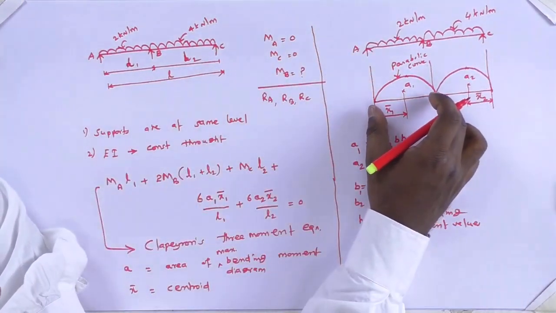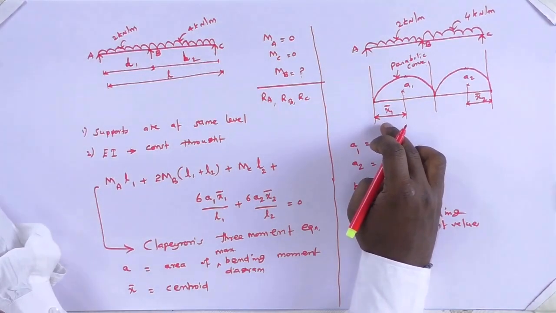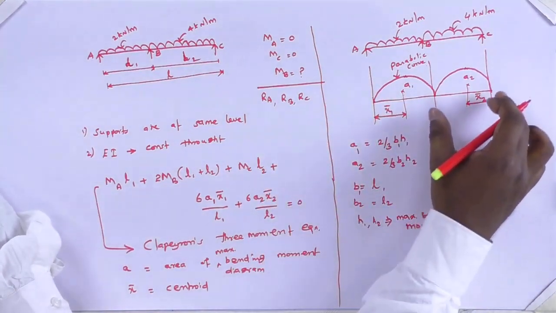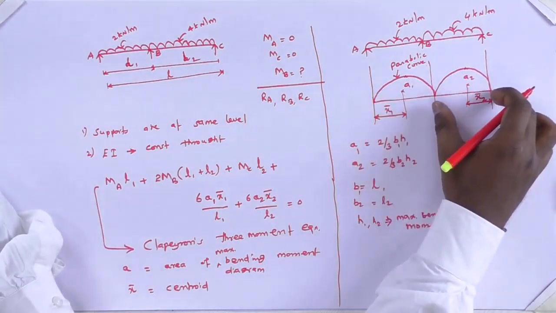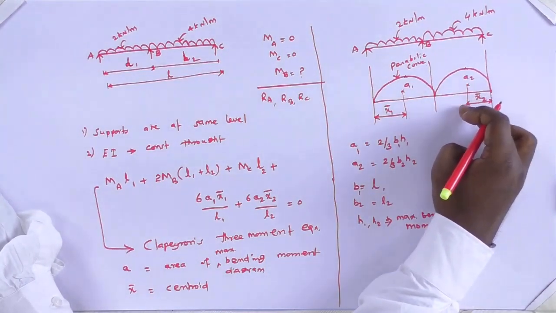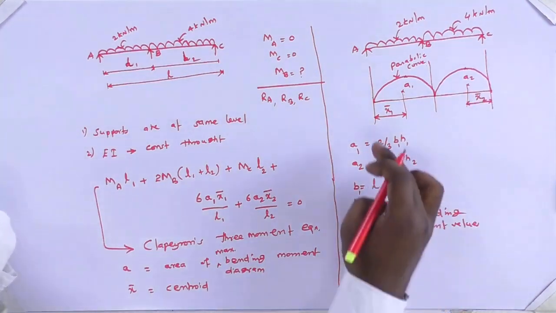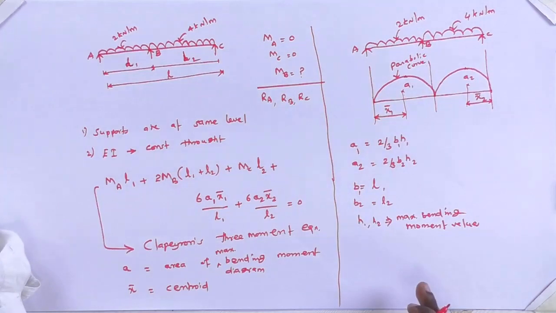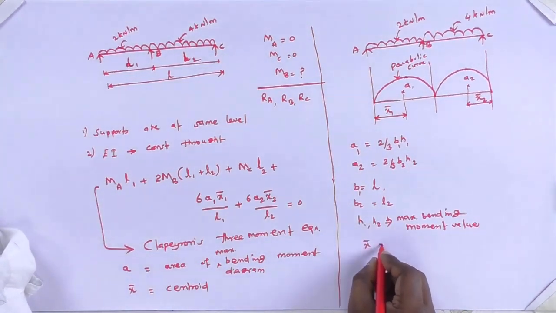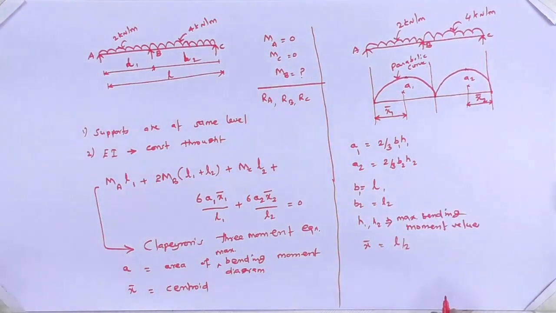In these two regions, this is the left side, so the centroid will be measured from the left hand side, from left to right, as well as in this region, this is on the right side, so we take the centroid to be measured from right to left, x2 bar, not left to right. So this depends on the geometry. So x1 bar and x2 bar, here x bar equal to L by 2 for this kind of thing.